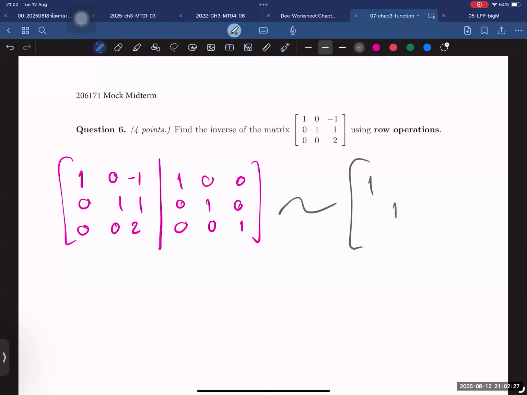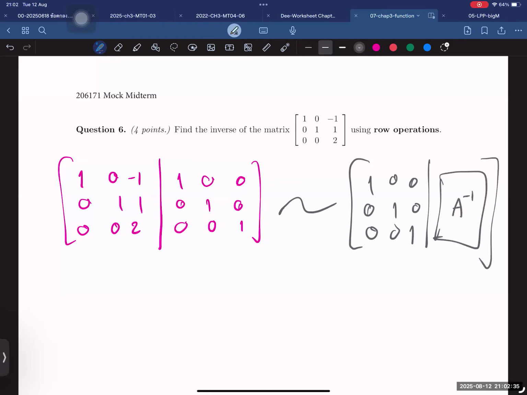Finally, you're gonna get 1, 1, 1. It's gonna be the I here, and the output here would be your A inverse. So basically, in this problem, you just divide the last row by 2, and then you perform row operations here.